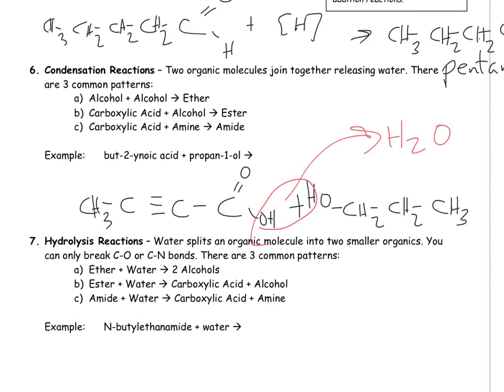And this carbon now only has 3 bonds, so it's going to look for something to bond with. This oxygen only has 1 bond, so it also needs to bond with something else.